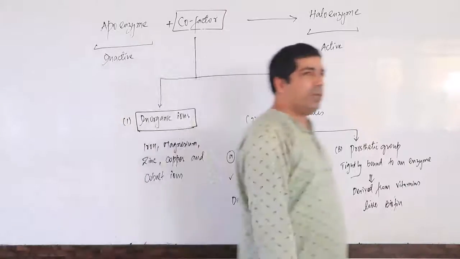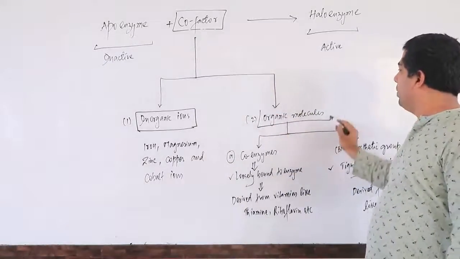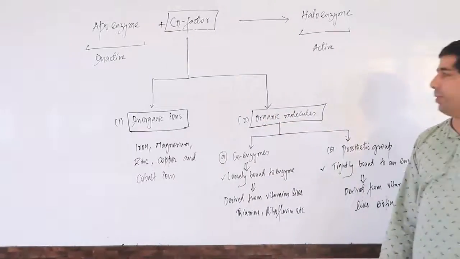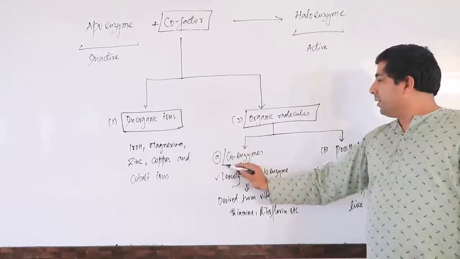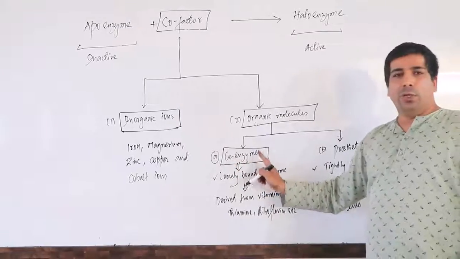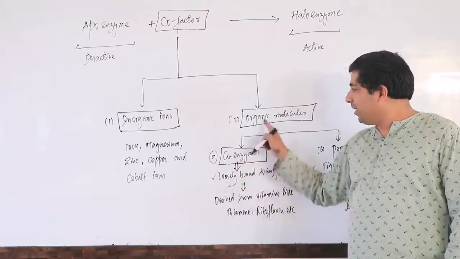Now, your cofactor can also be an organic molecule. Now, organic molecules can be of two types. Here the organic molecule can be a coenzyme. Don't think that this is an enzyme. This is not an enzyme. This coenzyme is basically an organic molecule.